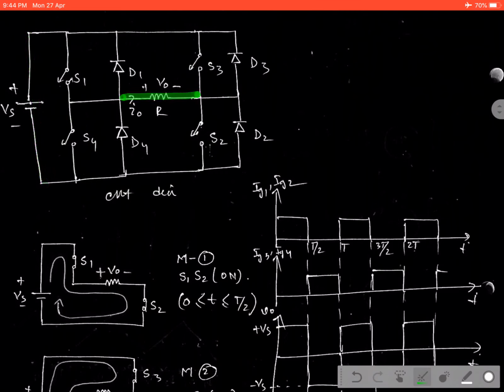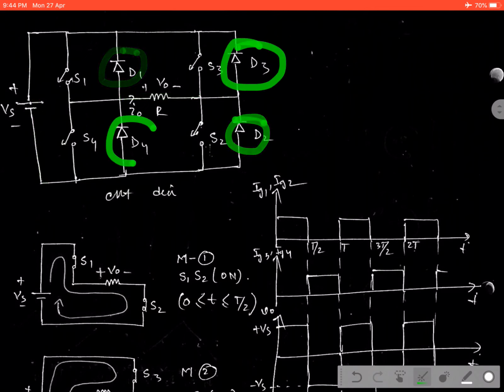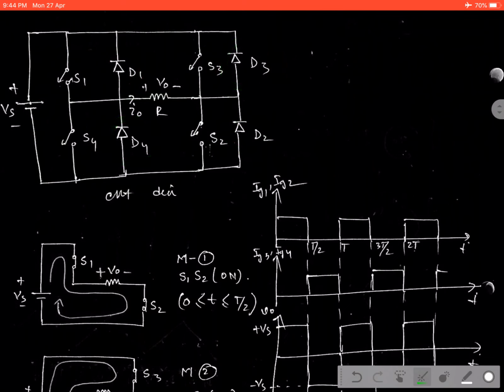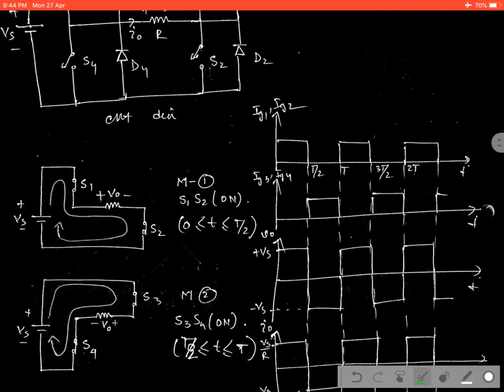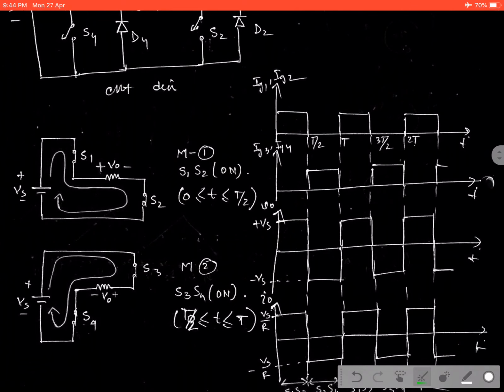In this case, diode D1, D2, D3 and D4 may not be conducted. Whenever we go through the circuit for the RL load, then diode D1, D2, D3, D4 will be conducted. So here we are explaining the working by two mode operation, mode 1 and mode 2 operation.